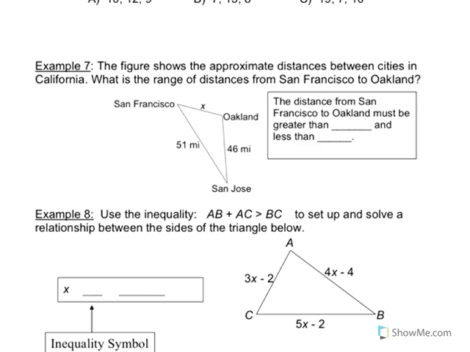Okay, so using this theorem, let's figure out the answer to number 7. The figure shows the approximate distances between cities in California. What is the range of distances from San Francisco to Oakland? So let's figure out what they could be. What could X be, the range from low to high?